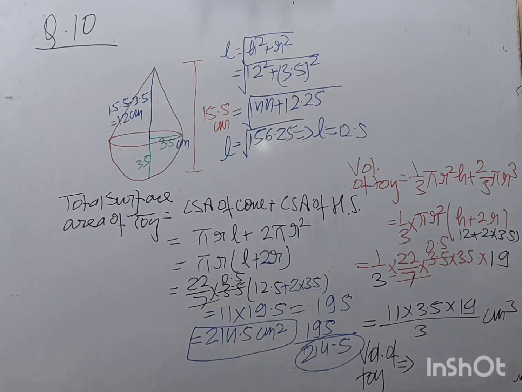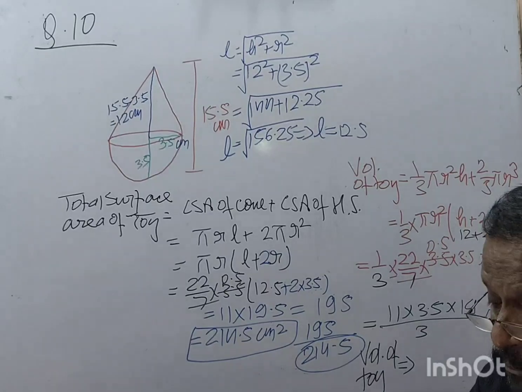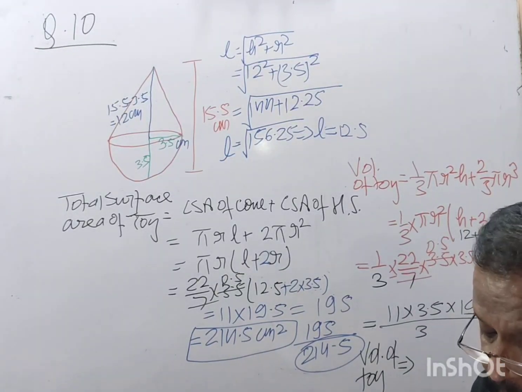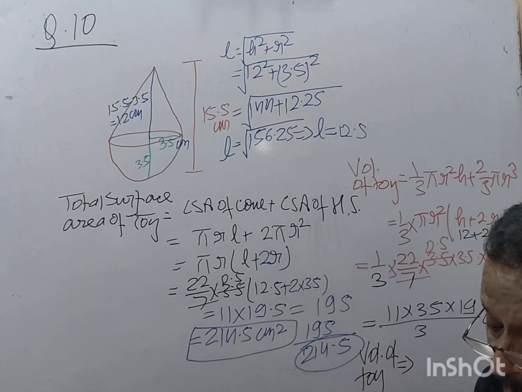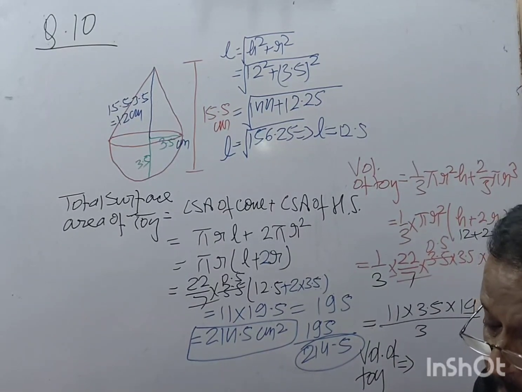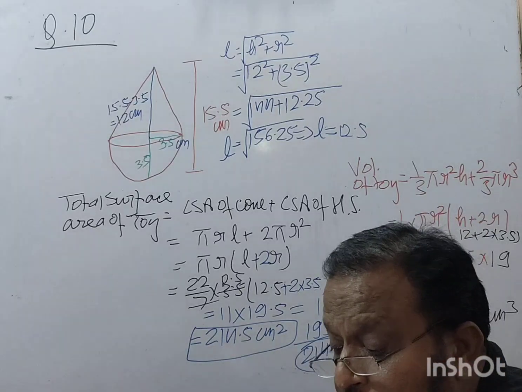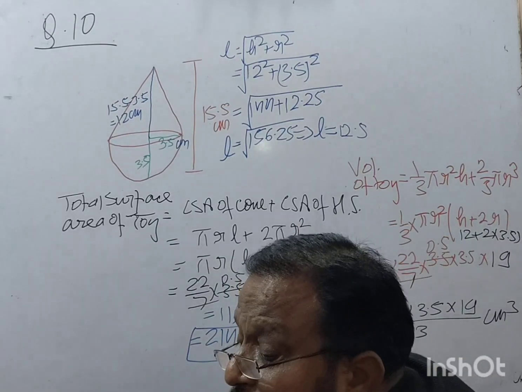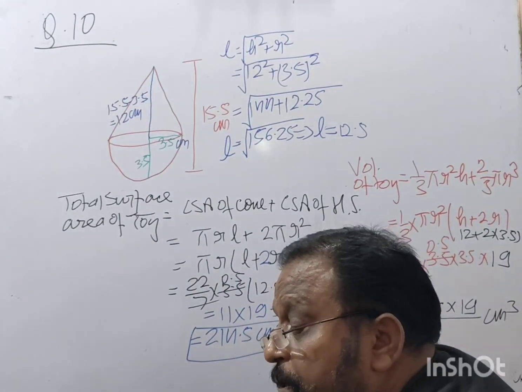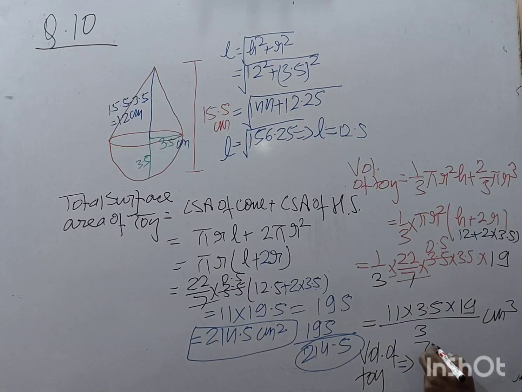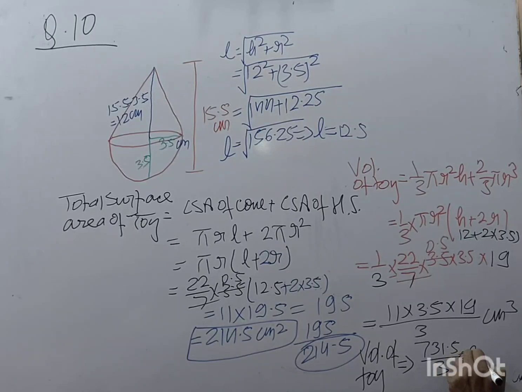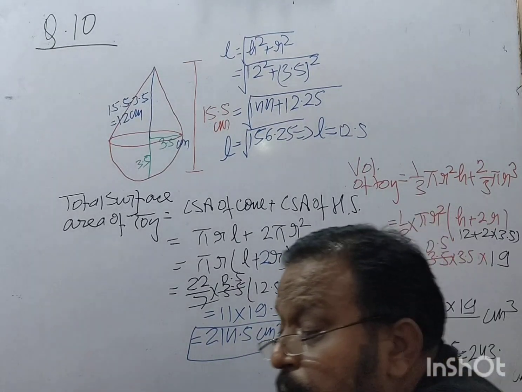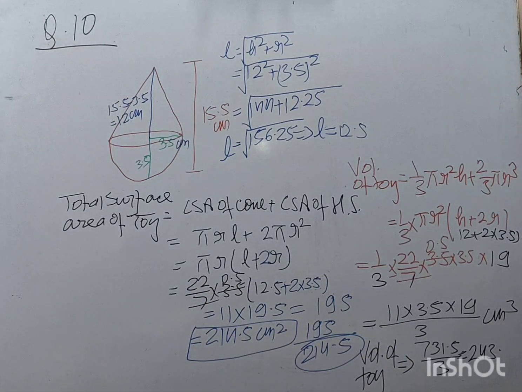This is 731.5 divided by 3, and you get 243.833.